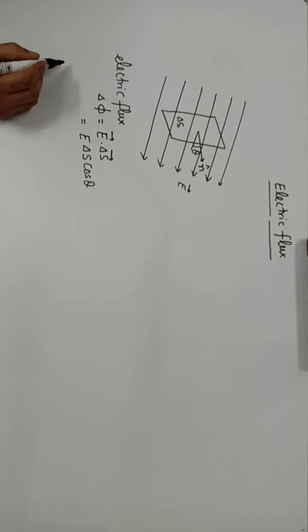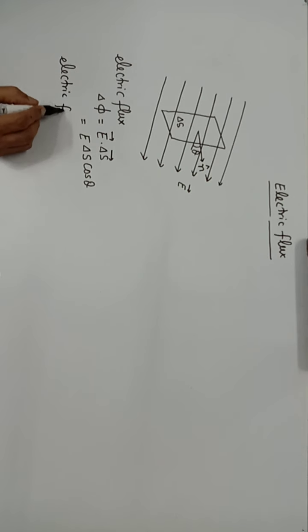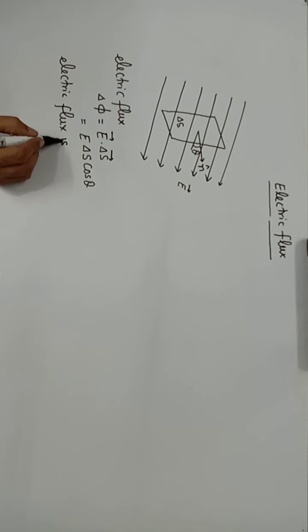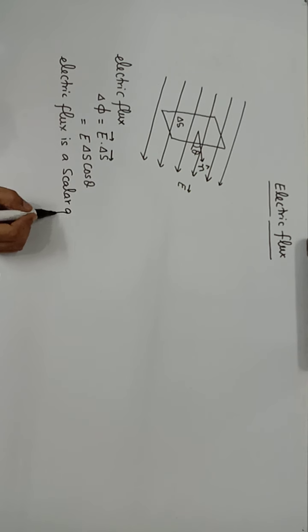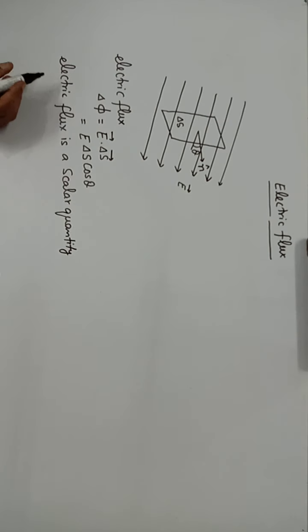Electric flux is a scalar quantity. Its SI unit is Newton meter square per coulomb, and the dimensional formula is ML^3 T^-3 A^-1.